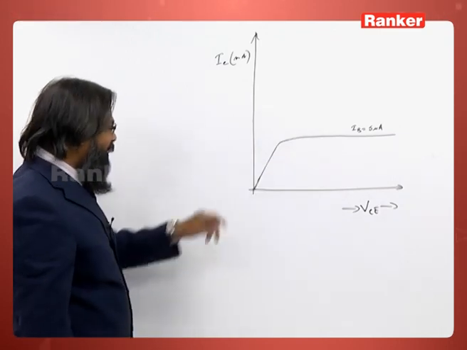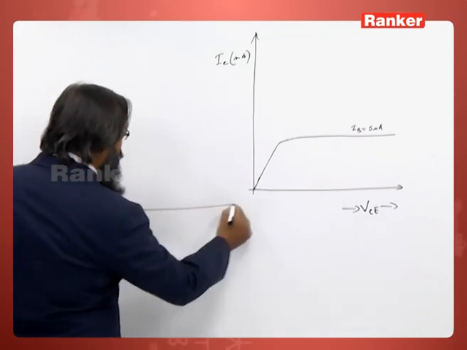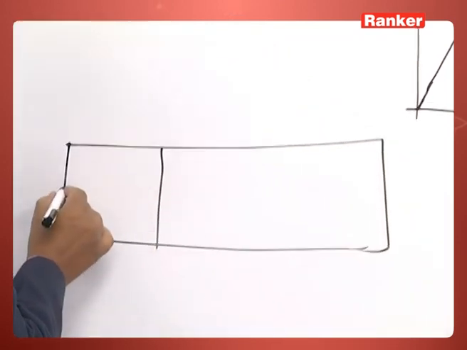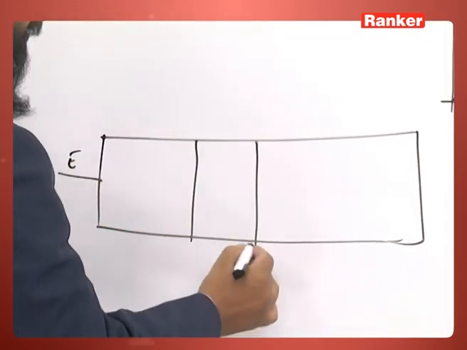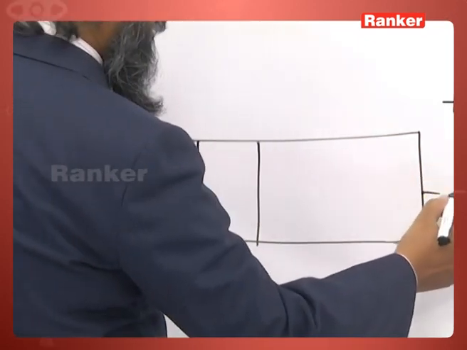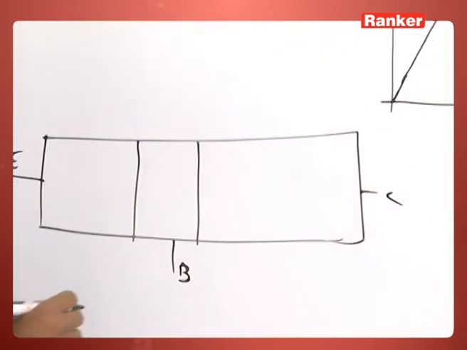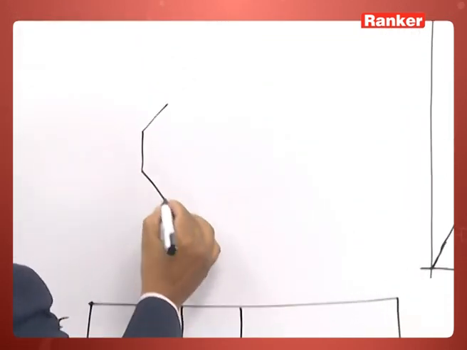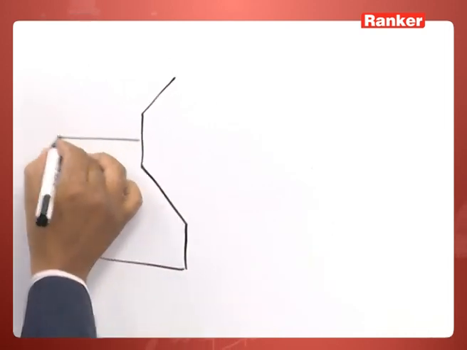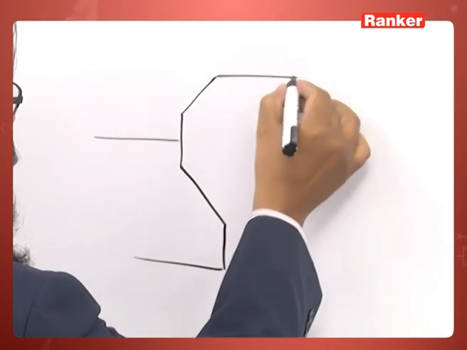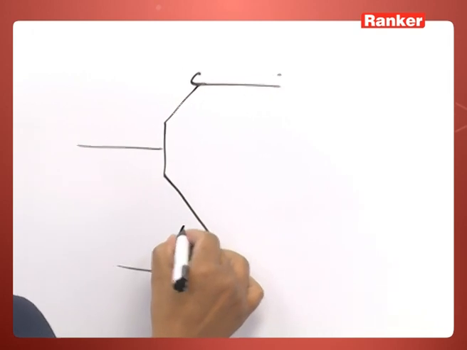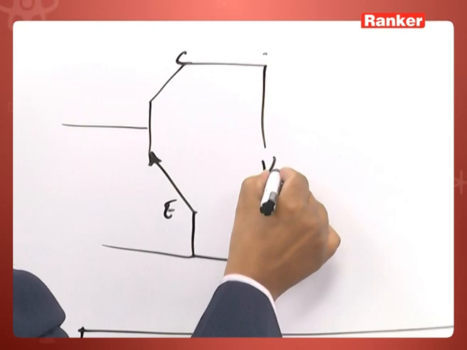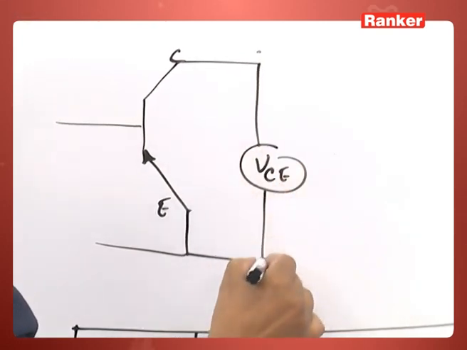Now, what actually happens? Let us see. This is our transistor with this as the emitter, this as the base, and this as the collector. We have put it in common emitter configuration, this is IB, this is the collector, and this is the emitter.